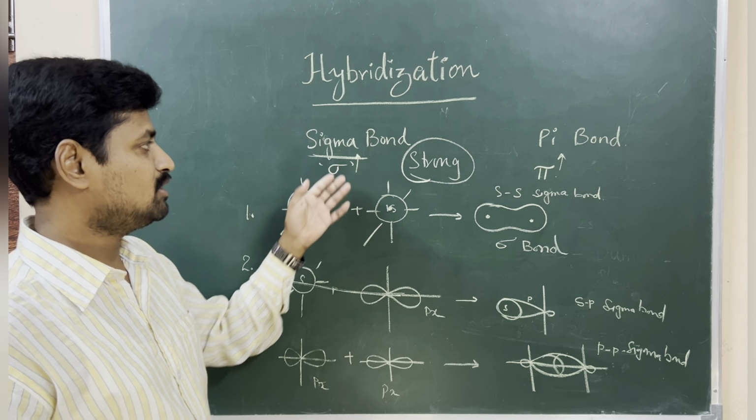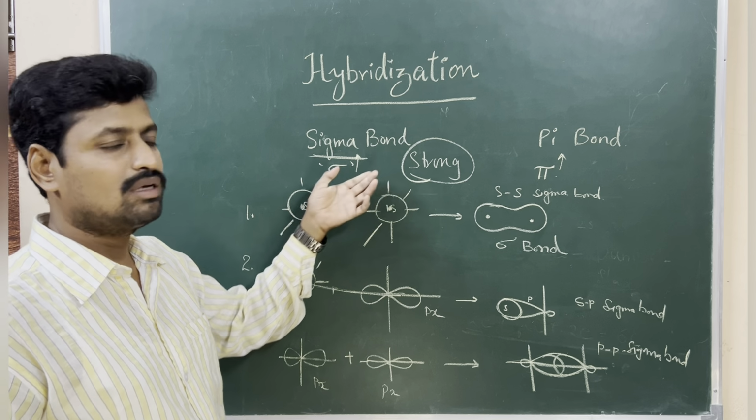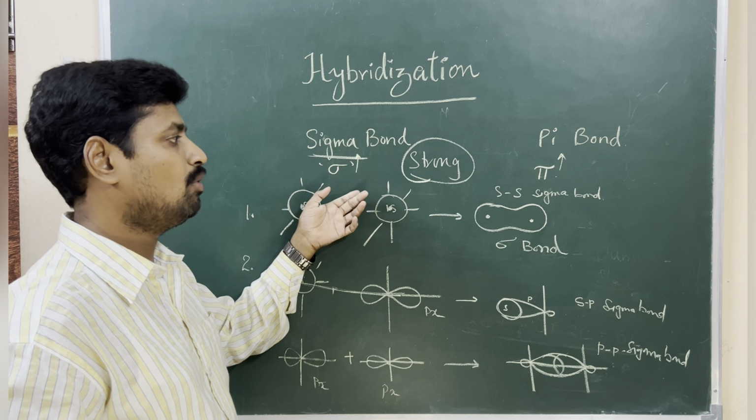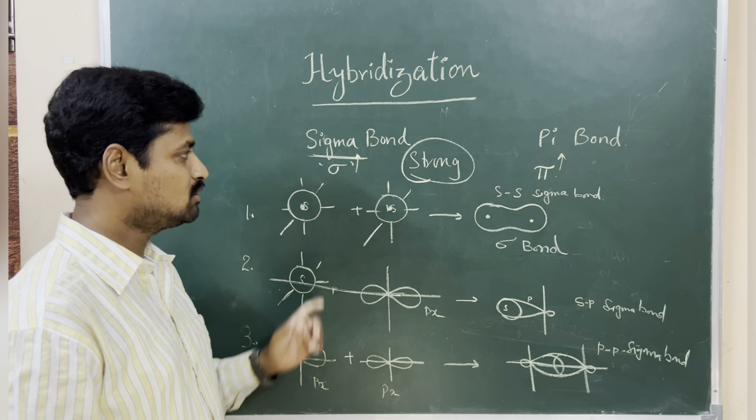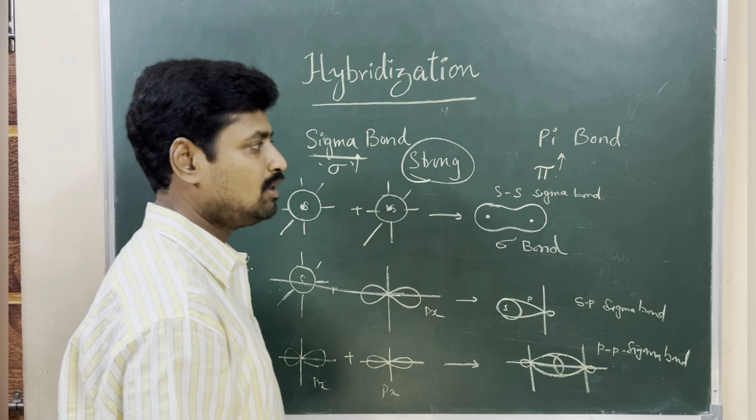So we can say that a sigma bond is a strong bond compared to a pi bond. So hope you understood this part. Now moving to the pi bond.